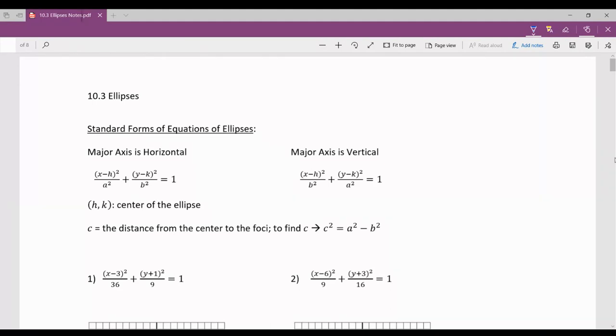So first thing we need to tackle is what is an ellipse? An ellipse is a conic section, and that is an oval shape. The major axis can be horizontal, like the one that I just drew, where the longer side is on the horizontal.